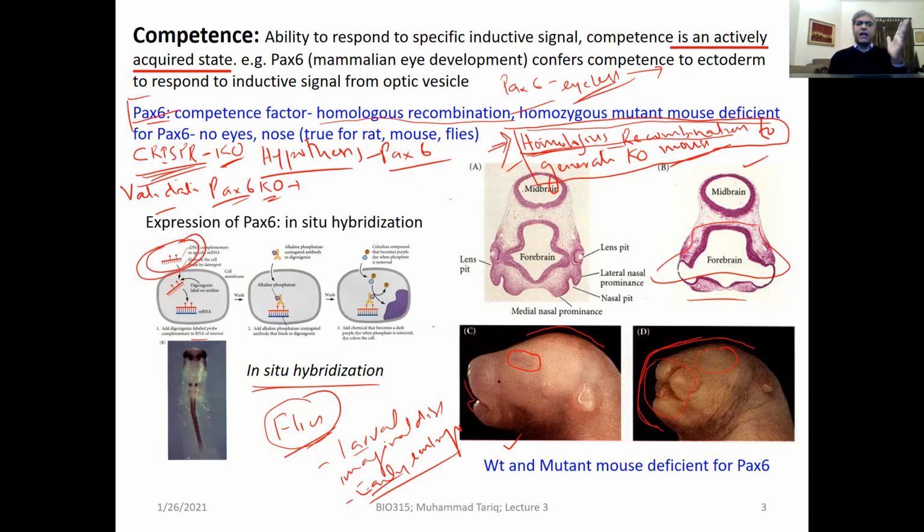As a comparison, we are going to use a wild type. So wherever PAX6 is present, we will see this dark staining. This shows these are the places where PAX6 is expressed. Look, it is expressed right here in the brain and the eye regions.